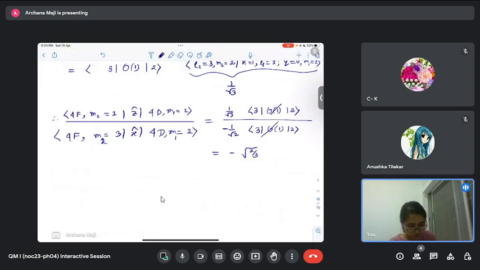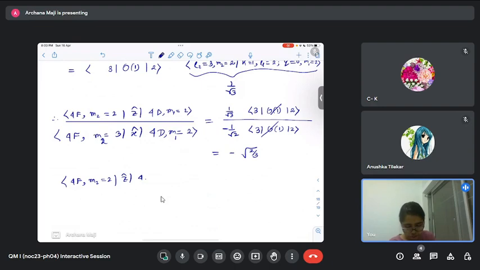Okay, then I can take the product. I can multiply that, and that is what? That is 2 square root 3. So let me not write that down here. We were just evaluating the left hand side.